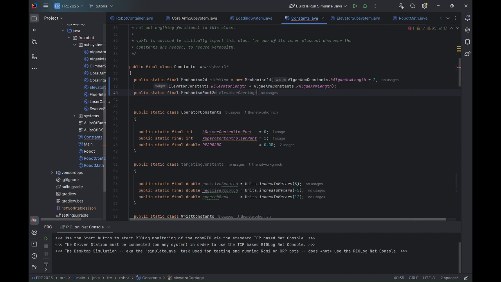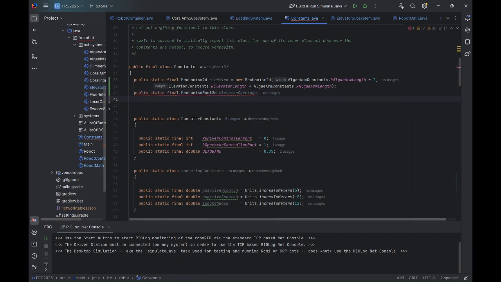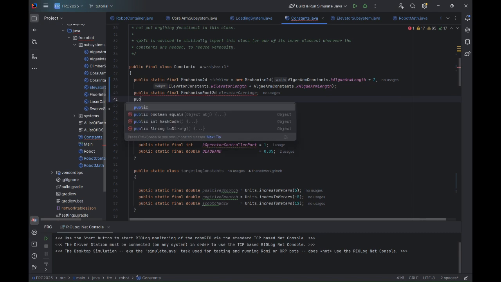Actually, I'll just create. Yeah, we'll initialize it later, because we can create all of them. Yeah, we'll just create all of them at once.